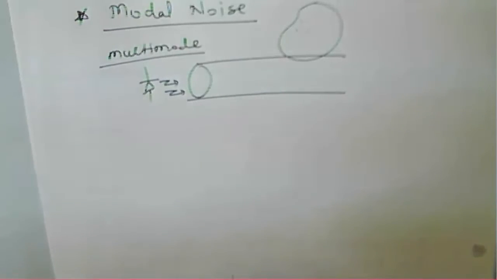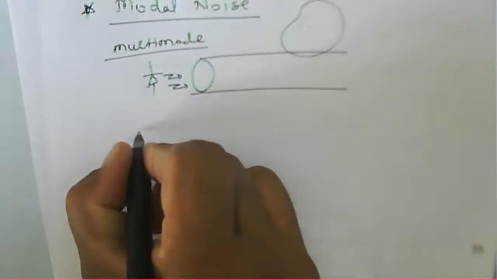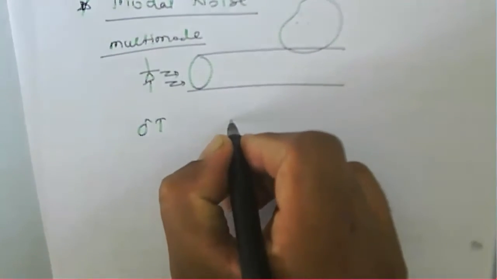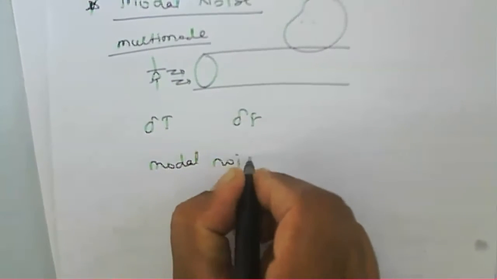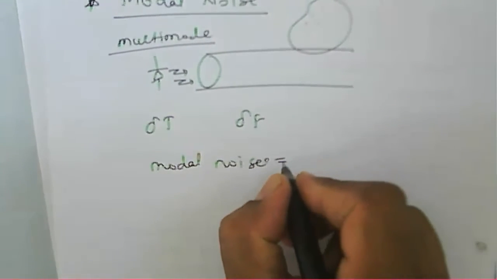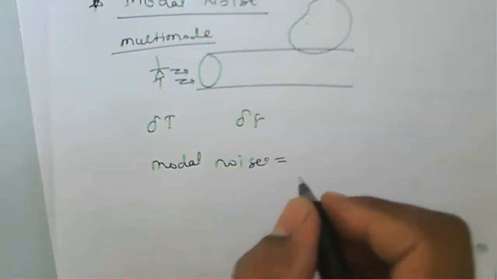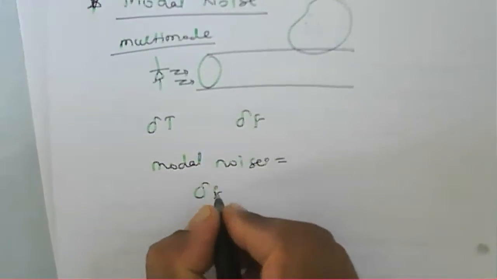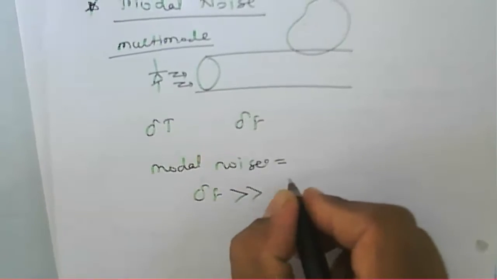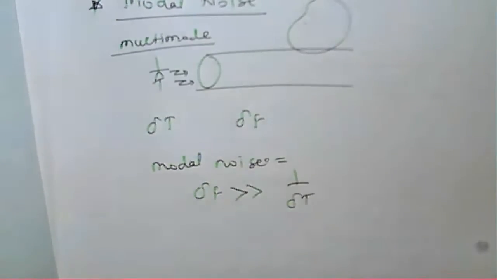Generally, the dispersion time we say is del t, and the frequency width is del f. Then the modal noise will occur when del f is greater than 1 by del t.